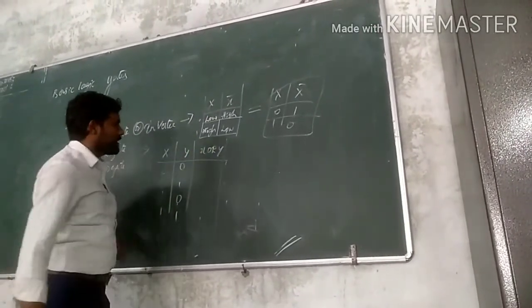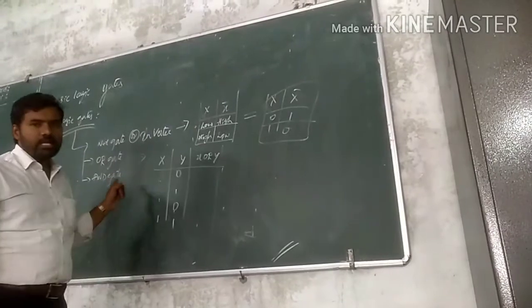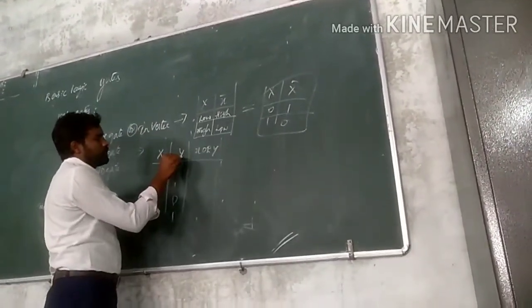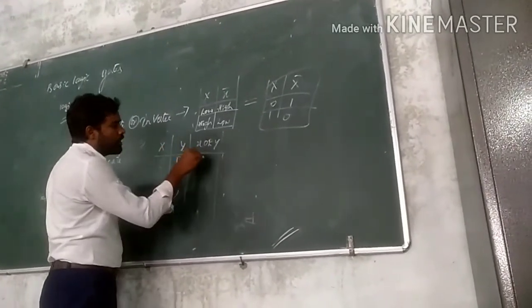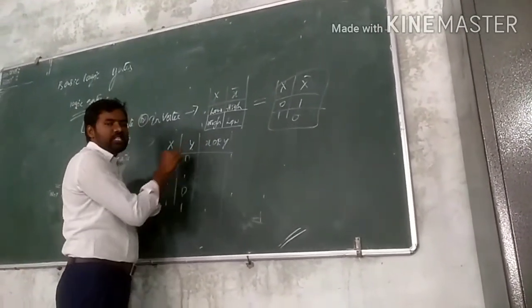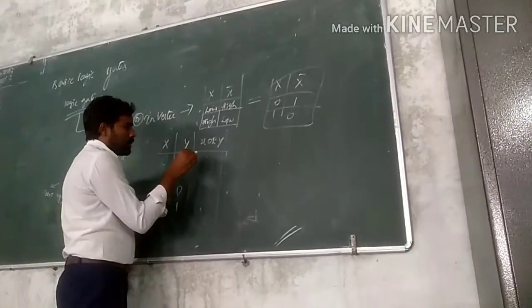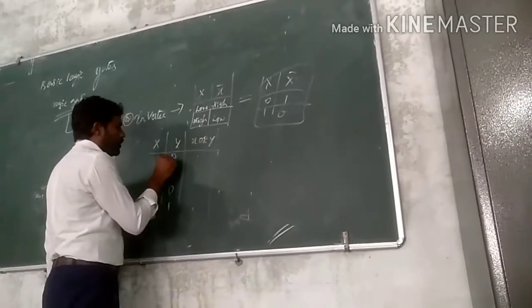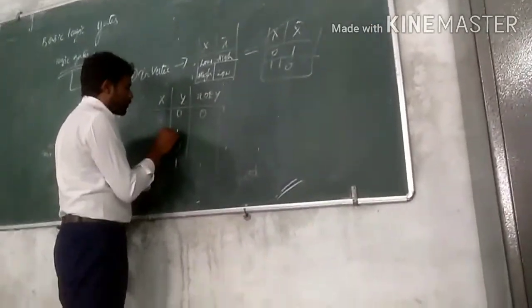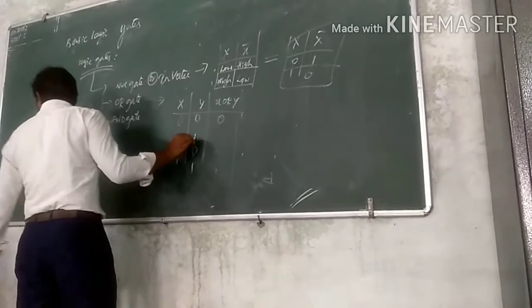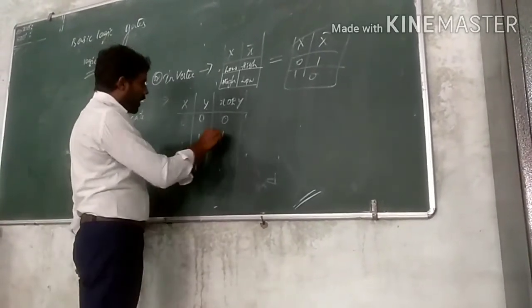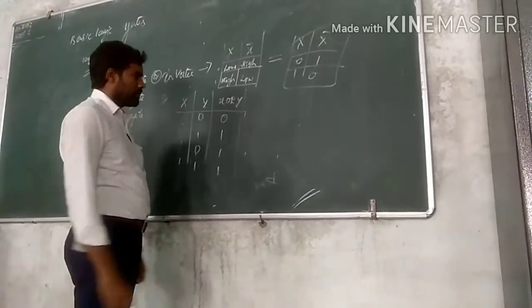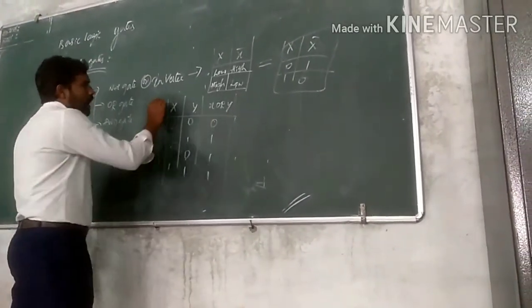What it is saying is that the OR gate is an electronic circuit which takes two variables as input and produces only one output, in the form of the logical addition operator, x or y. 0 plus 0 is 0, 0 plus 1 is 1, 1 plus 0 is 1, 1 plus 1 is 1. Clear? This is the OR gate truth table.